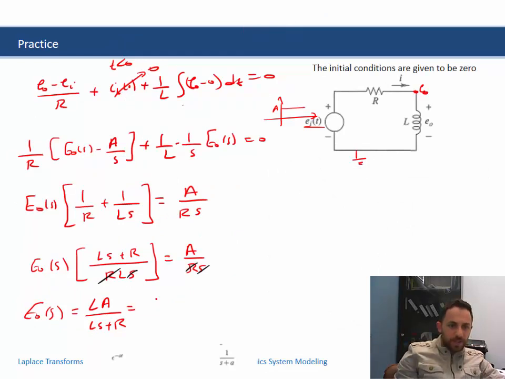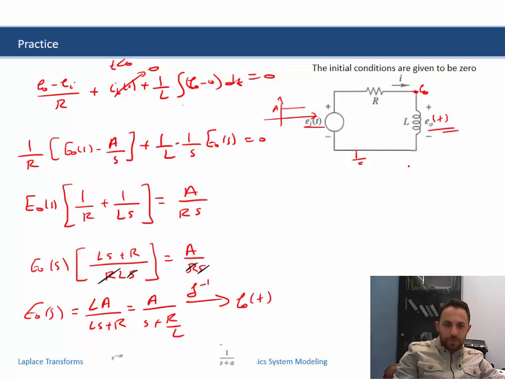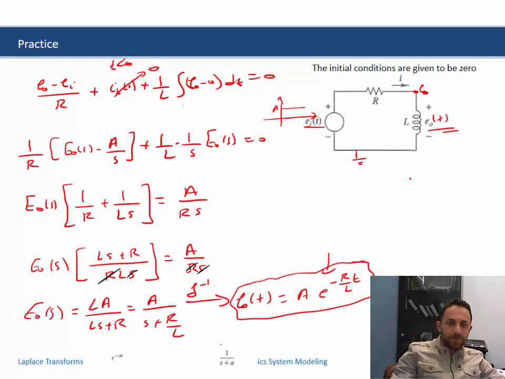So we divide by L, and it ends up as A over s plus R over L. Now if we want to find the time domain of this, we perform the inverse Laplace, then we can find E0(t), the output, which is what we want to find. E0(t) is equal to A, the constant, e power minus R over L t. And this is from the table.